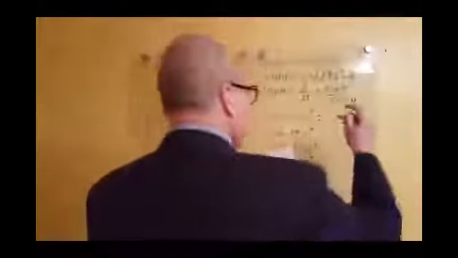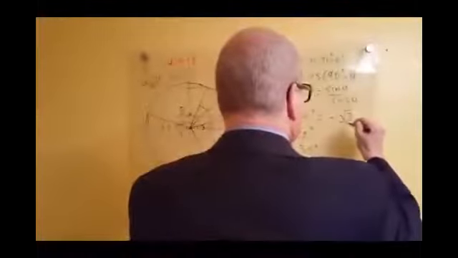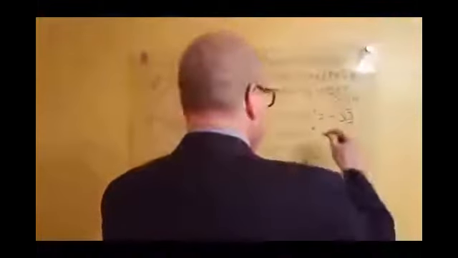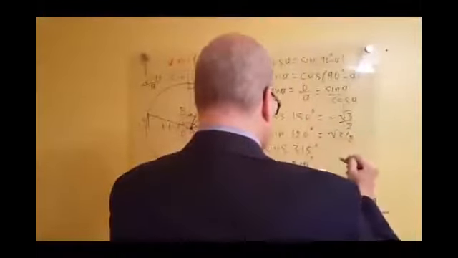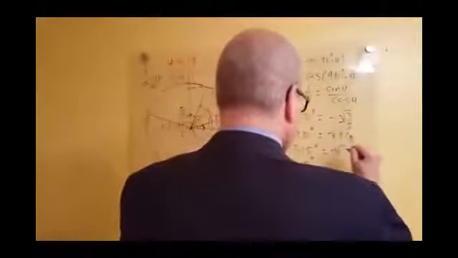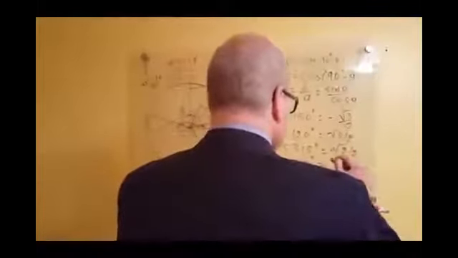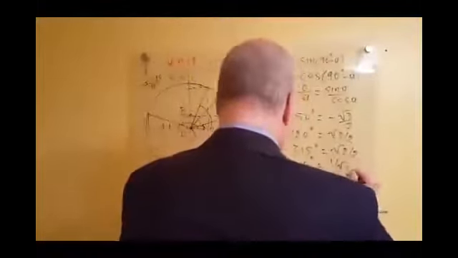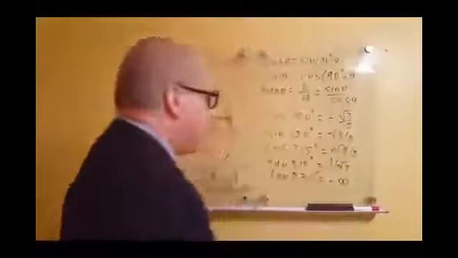I will give you the answers, but I want you to try to find them yourself. So this is for the first, this is for the second, this is for the third, this one is 1 over square root of 3, and finally this here is minus infinity.